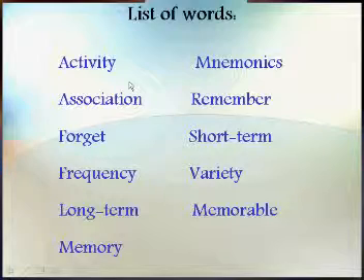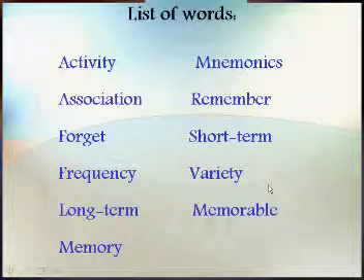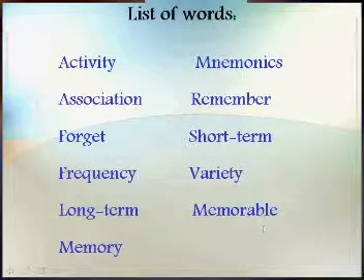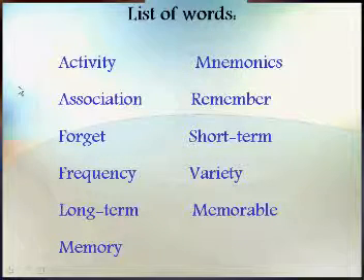Again, they are activity, association, forget, frequency, long-term, memory, mnemonics, remember, short-term, variety, and memorable. I would like you to reorder these words again according to some connections. Try to find any relationships between these words. Okay, you have 1 minute to think of relationships between these words, and I will come back to you.